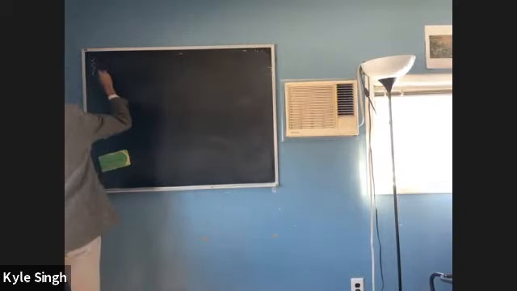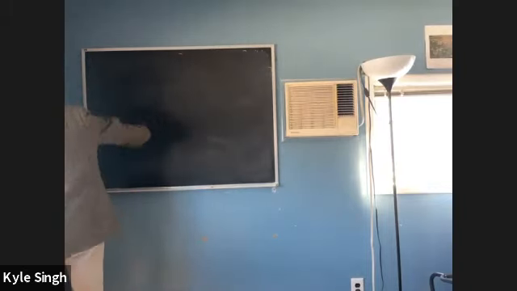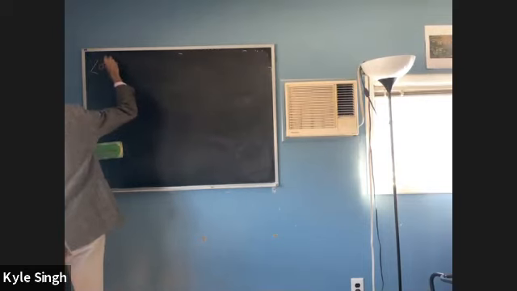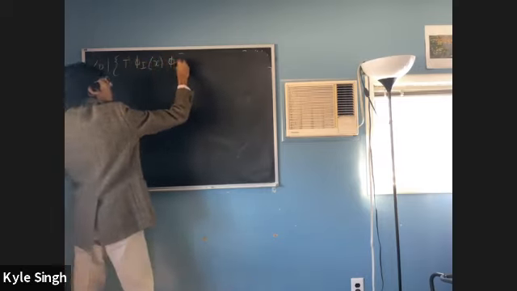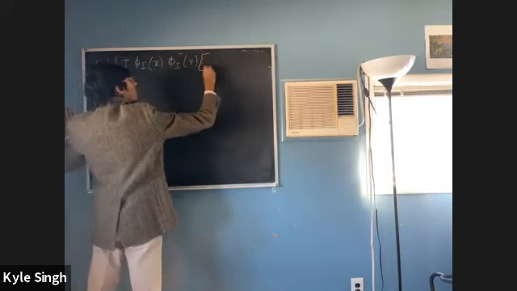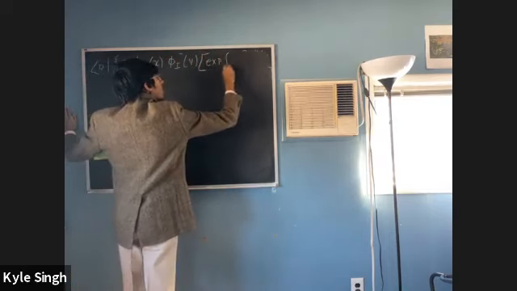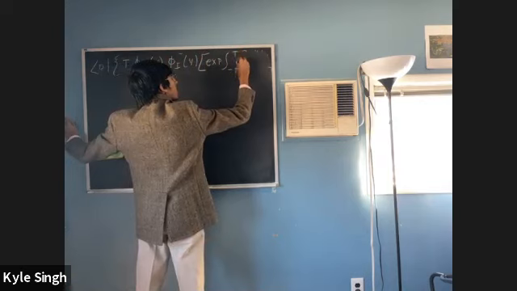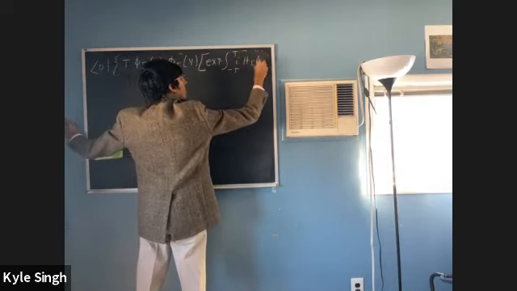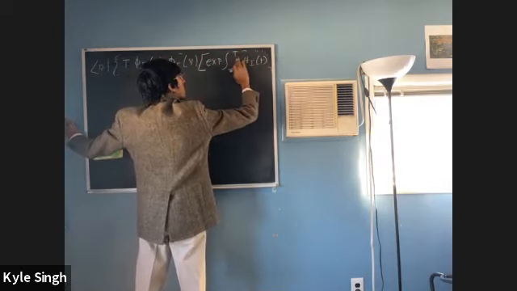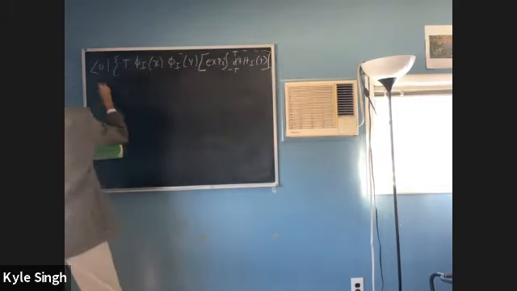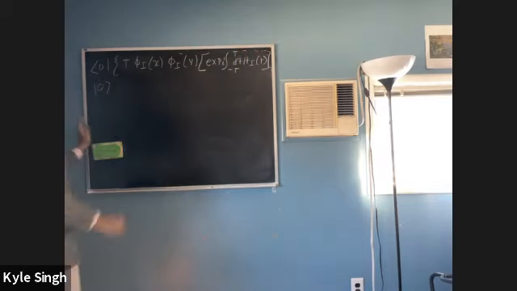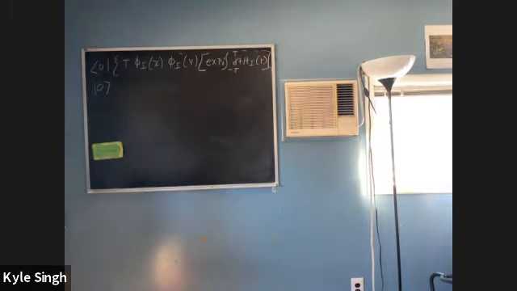So again, we have 0. We have t. Okay, this is the guy we want to compute, the top bit.